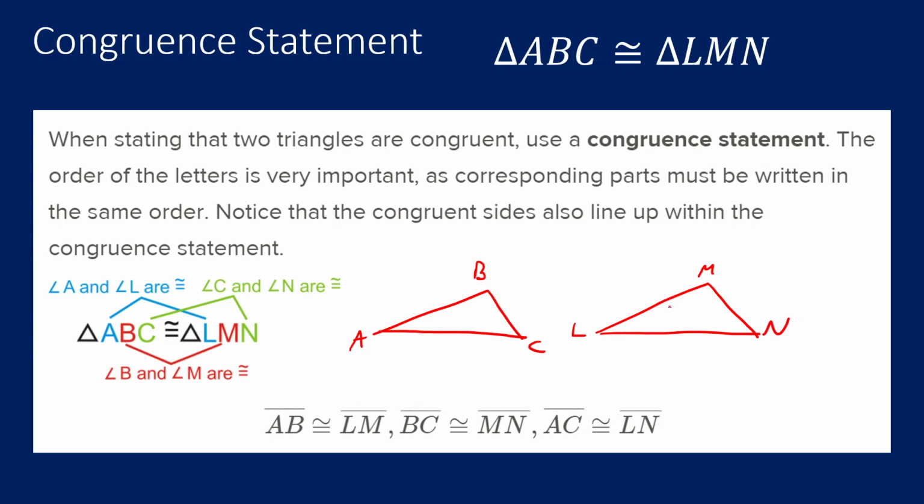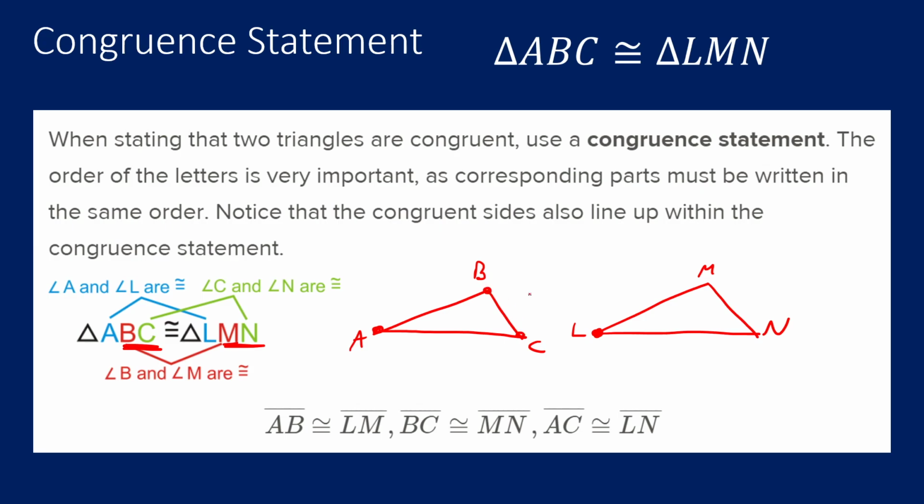Not only are the triangles congruent, but what we are doing by writing it this way is the letters in the same position correspond to one another. So point A corresponds to point L, meaning they are the same, and those angles therefore are the same. Also things like side lengths. So BC and MN. Let's go to our picture.